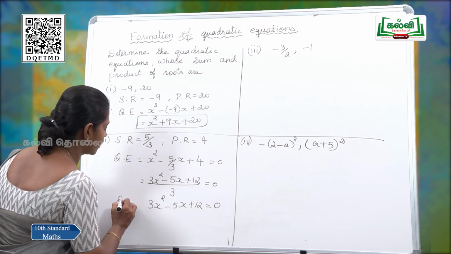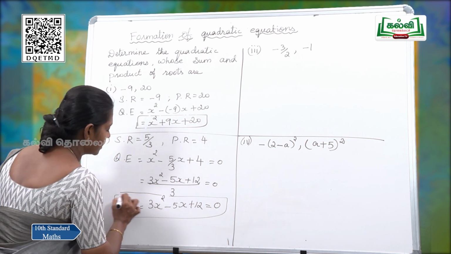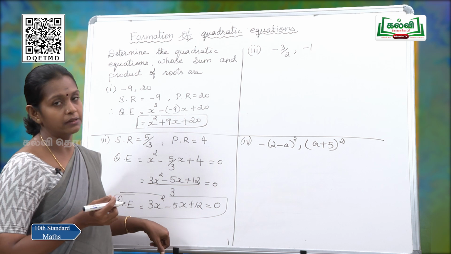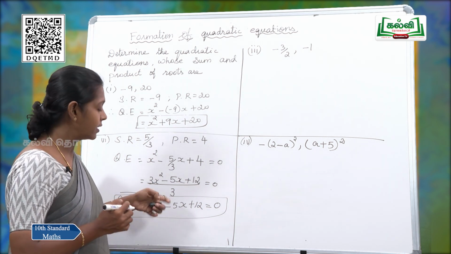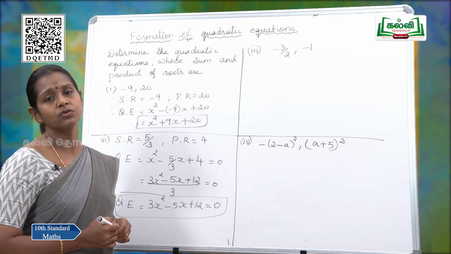So this is the quadratic equation. It's a very simple question. A little simplification is needed to get the correct equation, which must be in the form ax squared plus bx plus c equal to 0.